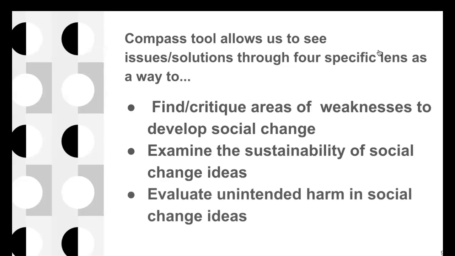Or the other way that we can use this tool is to evaluate unintended harm in social change ideas, to look at, okay, is there going to be some unintended harm or unintended consequence because I didn't consider economy or nature or society or well-being. So there's 3 different modalities or 3 different ways that we might use this tool in thinking about future social change.